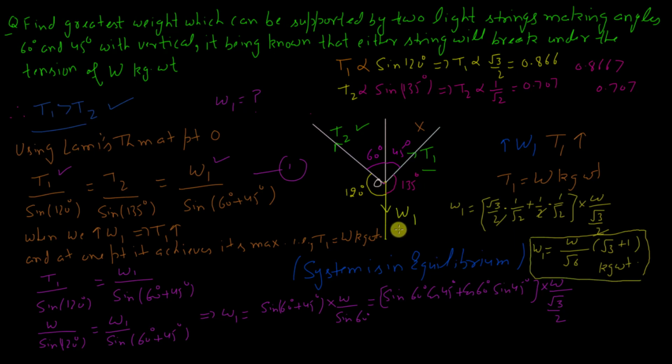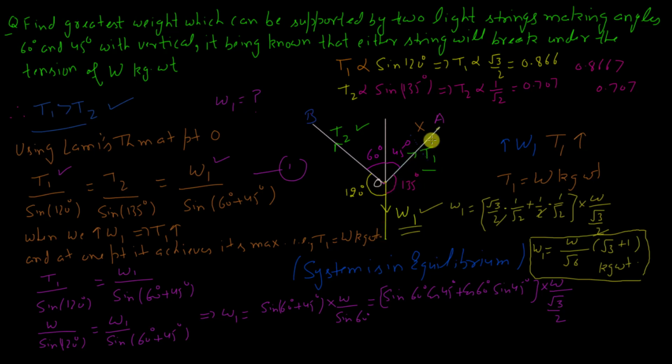If we increase the weight beyond this limit, then the tension in the string, if you name this as A and this as B, the tension in the string OA will increase beyond W, and the string will break from here and the system will become useless, and the weight will fall under gravity.